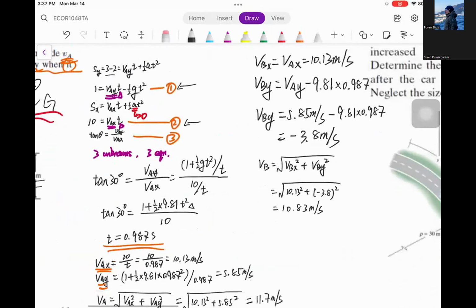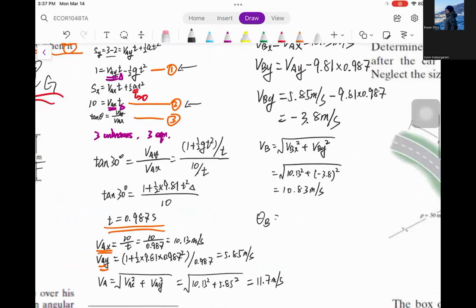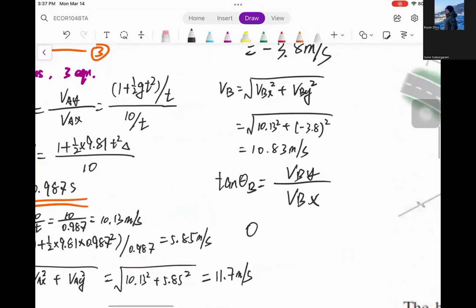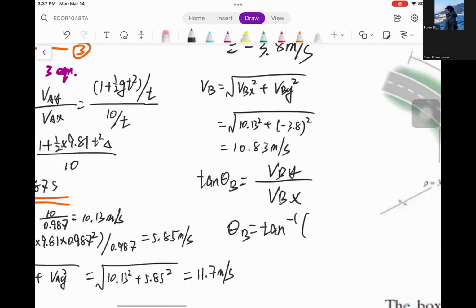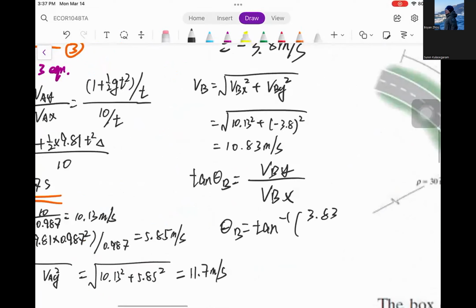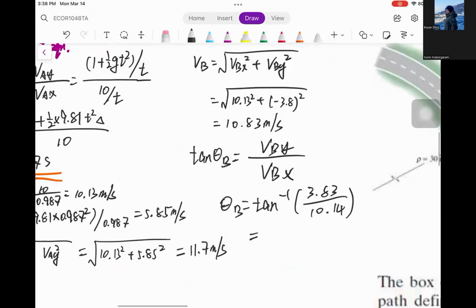So we have to find theta B. Just like before, tangent theta B is equal to VBY over VBX. So you have to use a calculator to find tangent to the power of negative 1 of 3.83 over 10.14. And that is equal to 20.7 degrees.